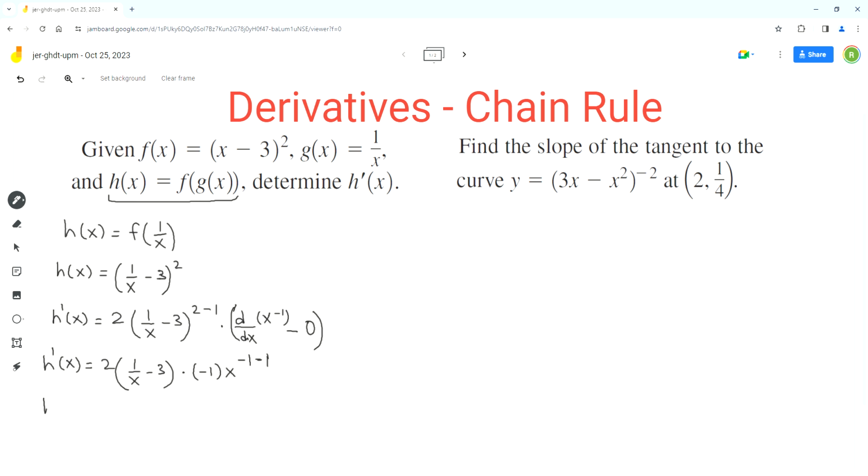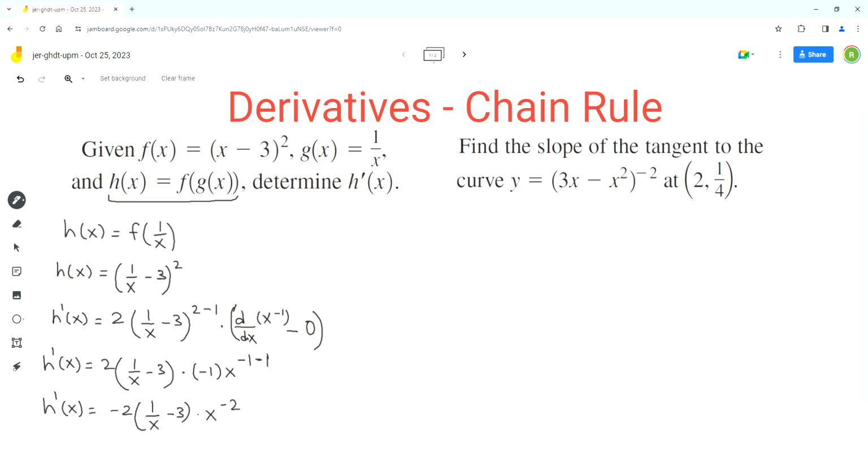So in the next step, we can simplify this expression. h'(x) equals, now we do 2 times -1, which is -2, times (1/x - 3) times x^-2.